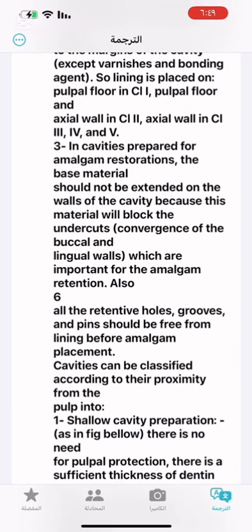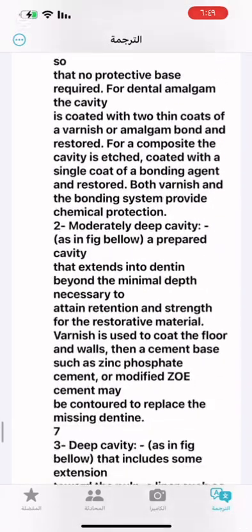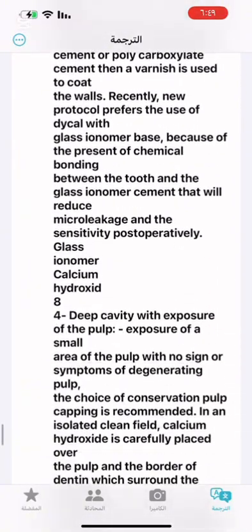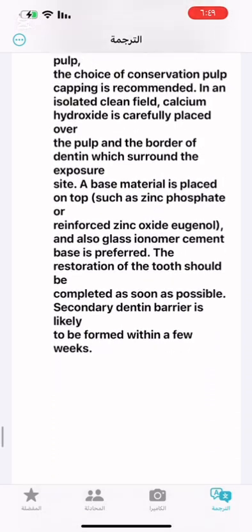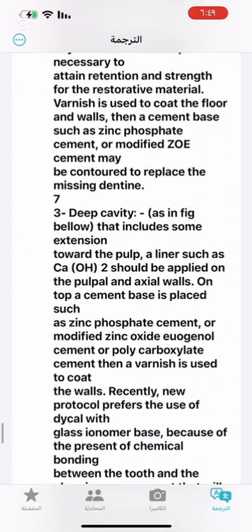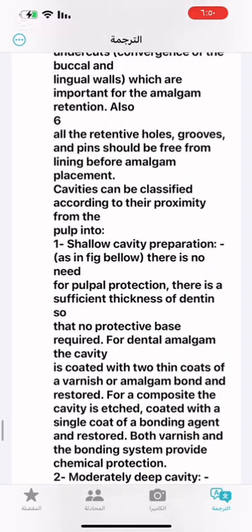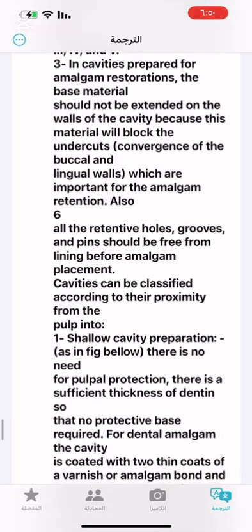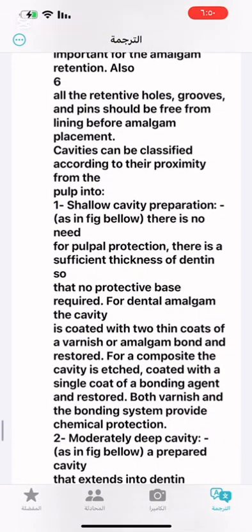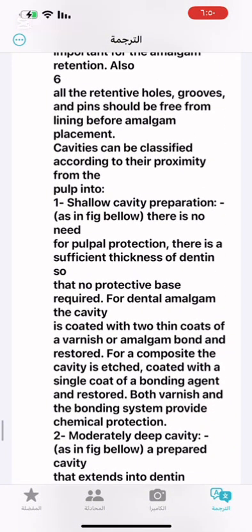The base material should not be extended on the walls of the cavity because this material will block the undercut's convergence of the buccal and lingual walls, which are important for the amalgam retention. Also, 3. All the retentive holes, grooves, and pins should be free from lining before amalgam placement.